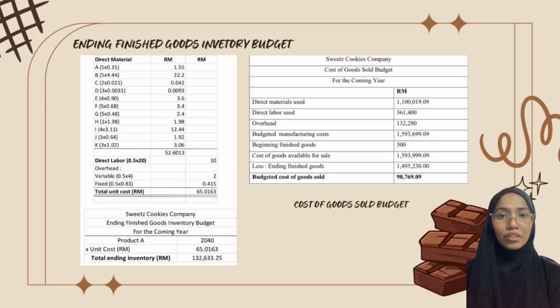The ending finished goods inventory budget for Sweetz Cookies Company estimates the value of unsold products at the year's end. This budget helps determine the cost of goods sold and the inventory value on the balance sheet. The total unit cost is RM65.0163, which includes RM52.6013 for direct materials, RM10 for direct labor, and RM2.4105 for overhead, with an expected ending inventory of 2,040 units.